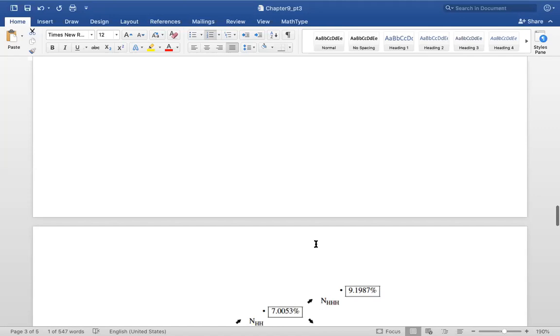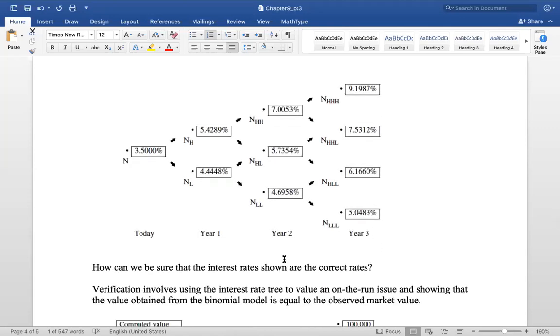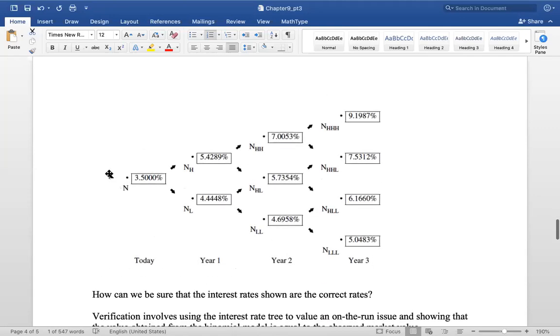Now the question arises, how can we be sure that the interest rates shown in Exhibit 1 are the correct rates? Again, the verification involves using the interest rates to value on-the-run securities. Let's see this graph. This shows the actual interest rate tree, up to 4 years.